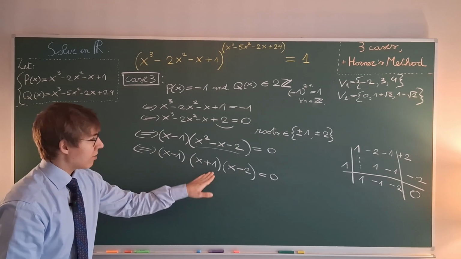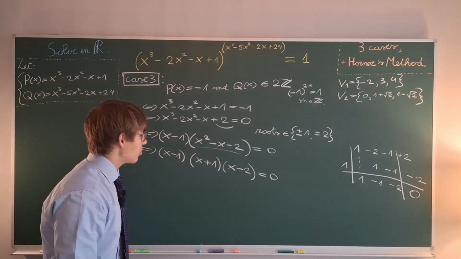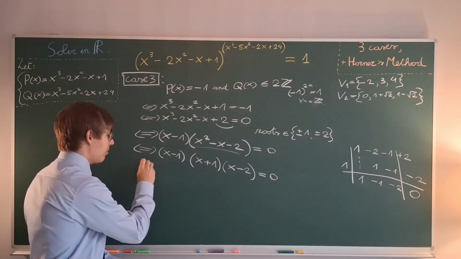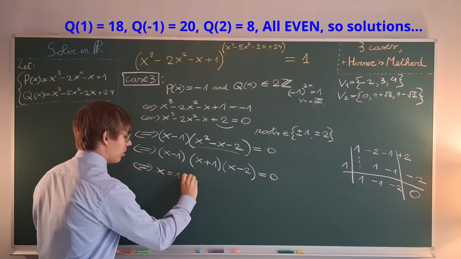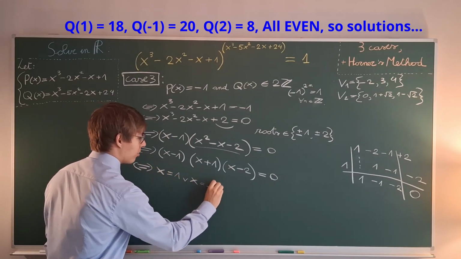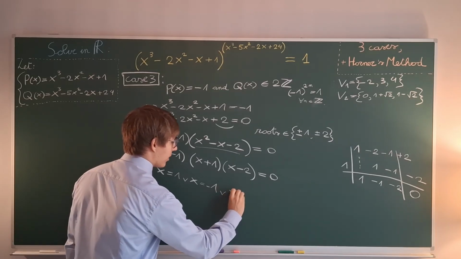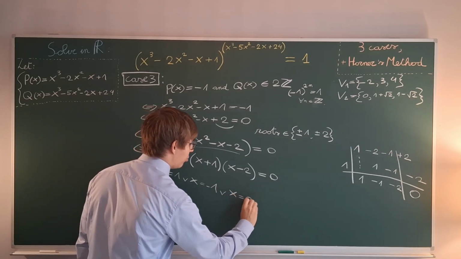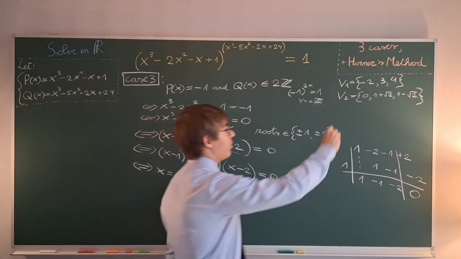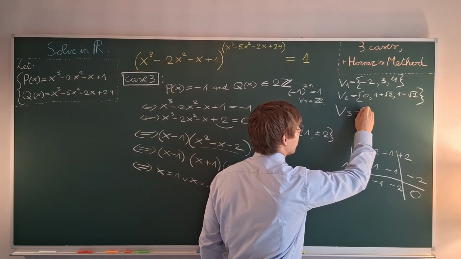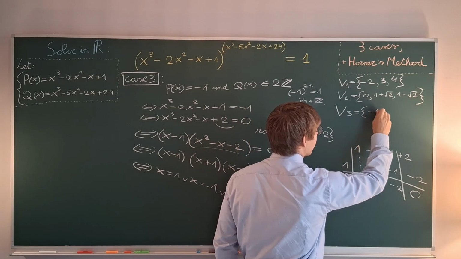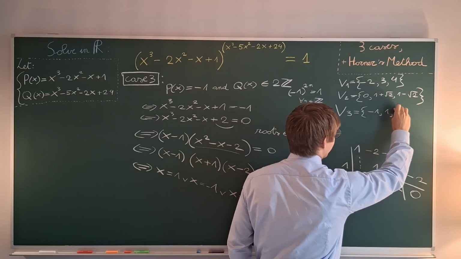And if you factor this out, you can see that this equals this one. So the solutions are x is equal to 1, x is equal to minus 1, or x is equal to 2. So we get v3: minus 1, 1, and 2.